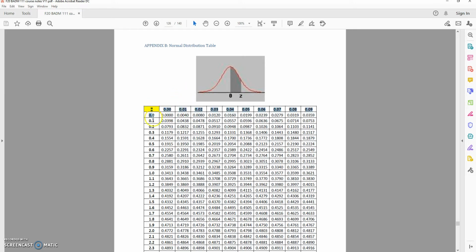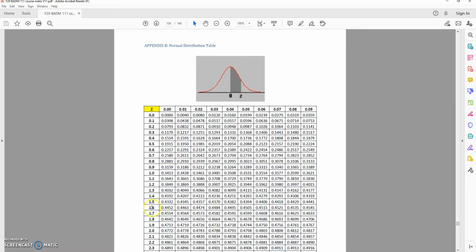There's z numbers going down the left margin, left side, and z values going across. The values going down are to 1 decimal place, and the values going across gives us 1 more decimal place. So that's why, for our purposes, z values are going to be limited to 2 decimal places.